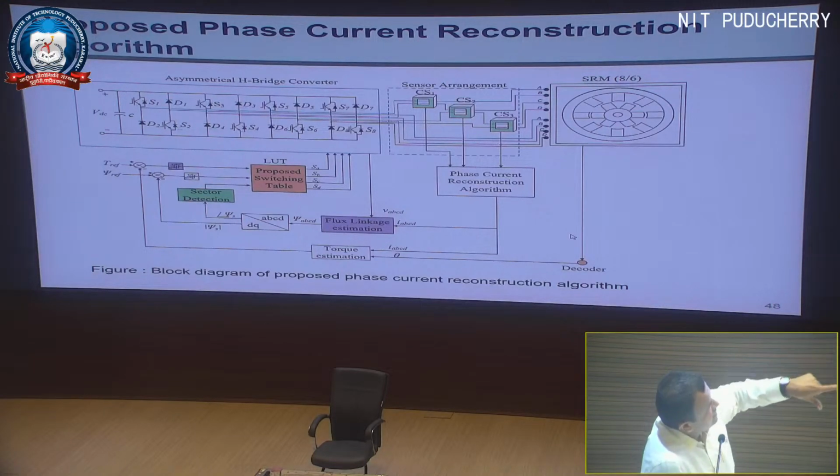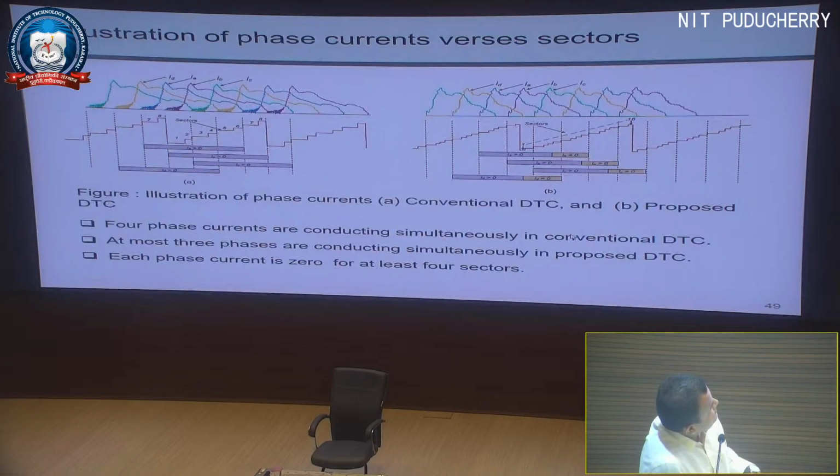So we try to use only three current sensors, and then try to construct the fourth one from this measurement. The rest of the things remain the same, asymmetric, and then this closed loop scheme, whatever I explained with the proposed one. And what we found in our proposed scheme is that when the conventional one, at any point of time here, you take sector 3 and 4, four currents are drawn at the same time, whereas in our proposed scheme there are only 3, and for some duration it is 0.